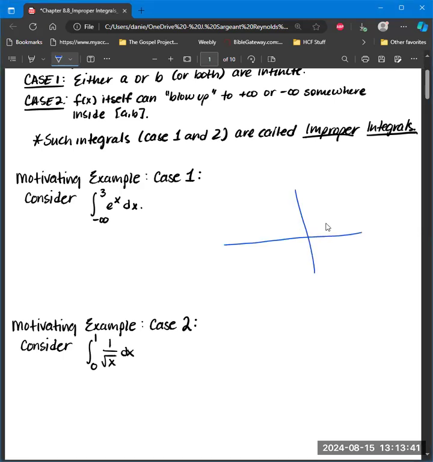Let's look at case 1, and we'll look at a graph here of e to the x, and it looks like so. It goes through 0, 1 here, and we're interested in x equals 3. e to the third is over here, and we're interested in all this area here.